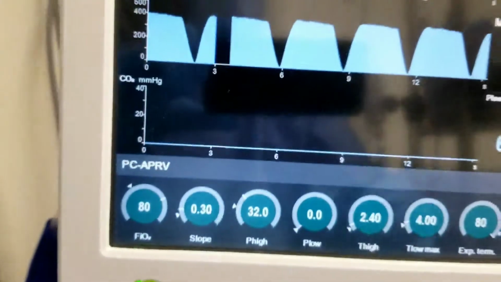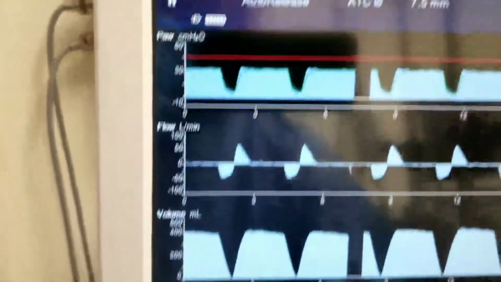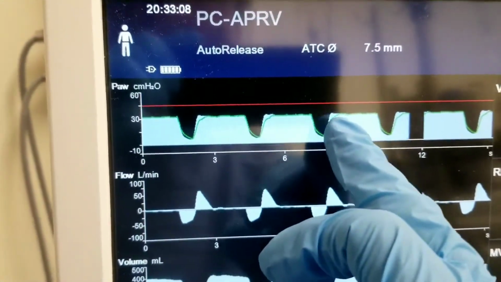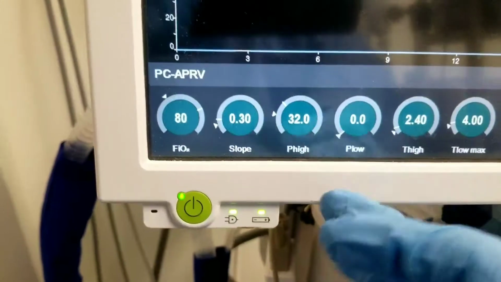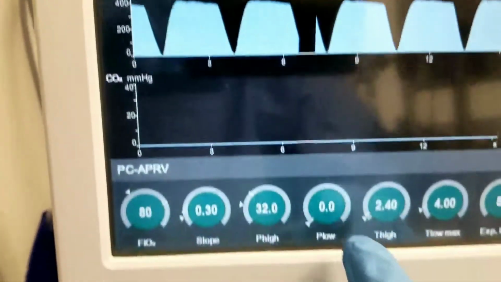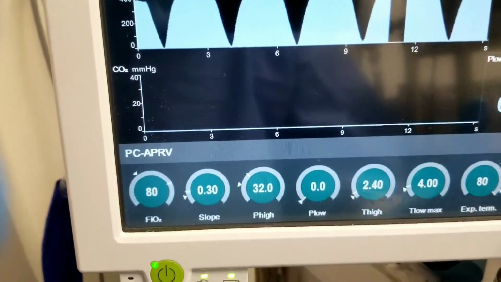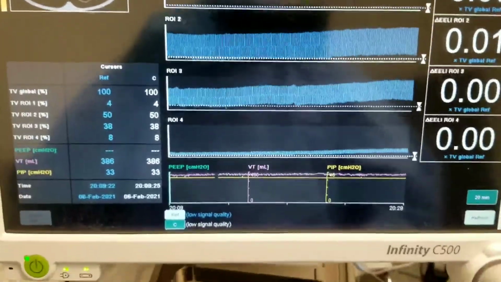Now, mind you, we have a very low T high, so there is some T high level that's optimizing a bit of the diffusion. But basically with APRV generally, because we're staying up here, there's a lot of diffusion, so we want to expire without any resistance because that back pressure usually is quite concentrated with CO2. Okay, forgive me for that APRV tangent.